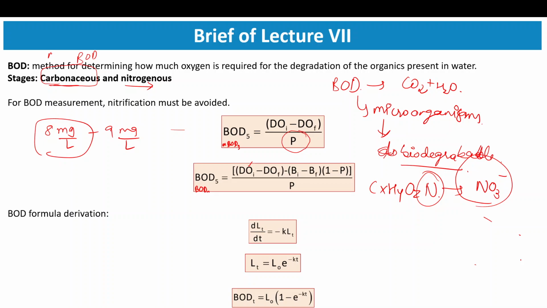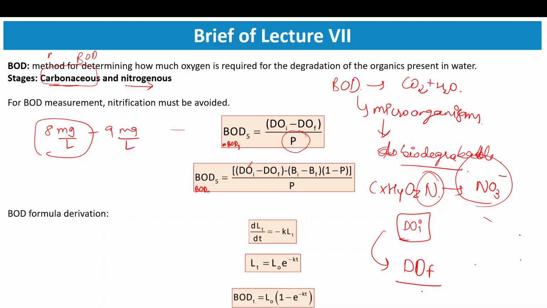So let's say we have a water sample in which the earlier dissolved oxygen concentration was DOI. And now after the degradation of all the organics, the final dissolved oxygen remaining is DOF.